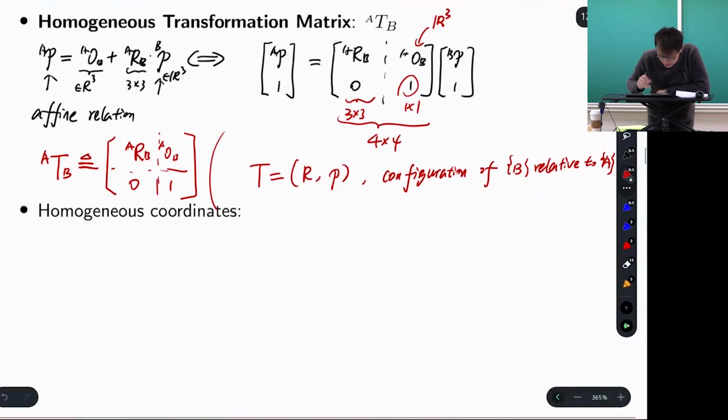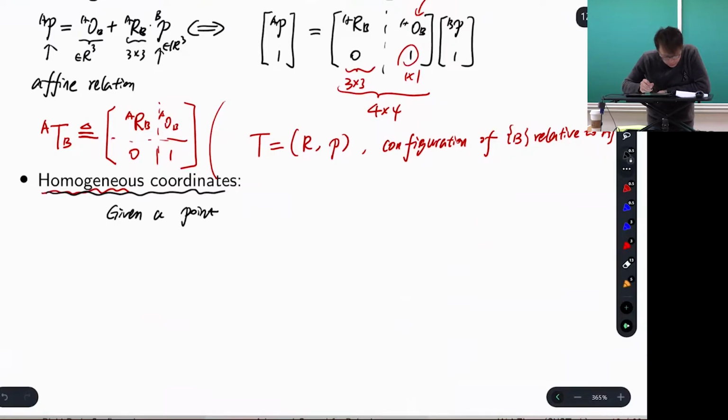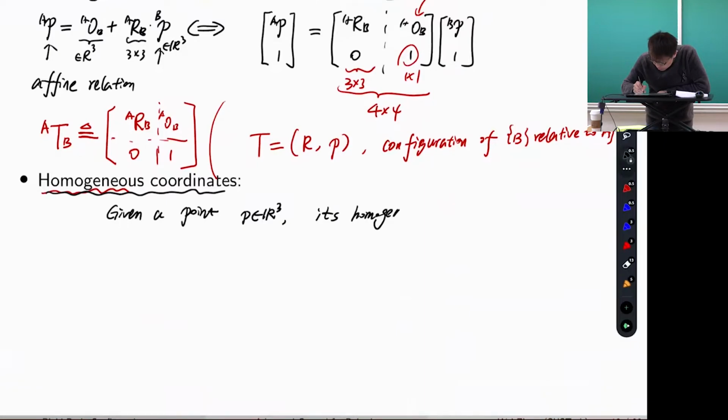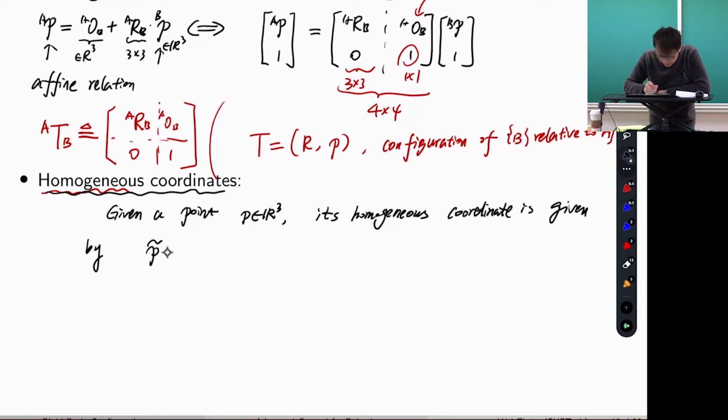If we want to use that, then given a point P in R3, its homogeneous coordinate is given by P tilde equal to P, 1, which is in R4 now.